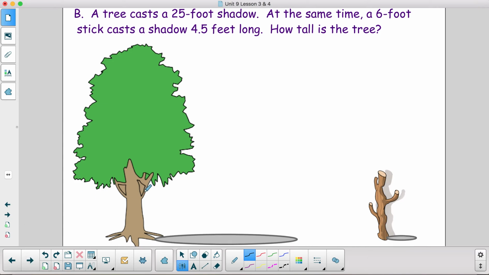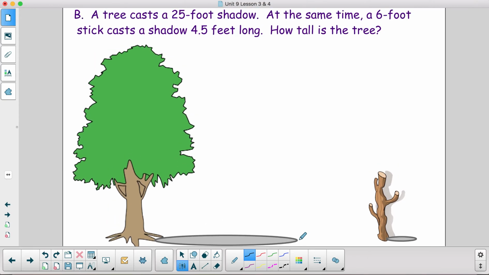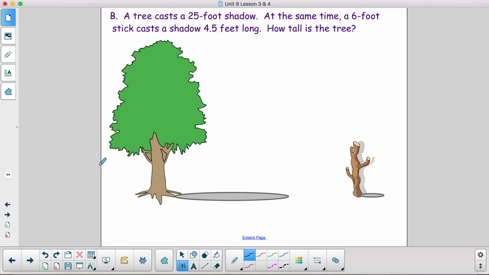So here we have a tree, and it casts a shadow of 25 feet. And I'm going to make this just slightly smaller so I can see both the problem and the actual pictures. So the tree casts a 25-foot shadow. So this is 25 feet. And here we have our tree, which we don't know how tall the tree is.